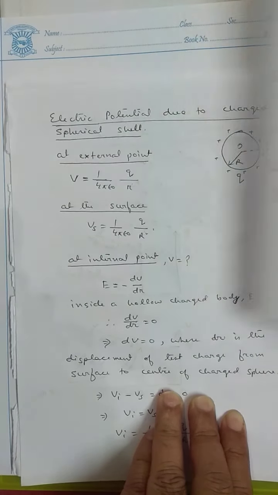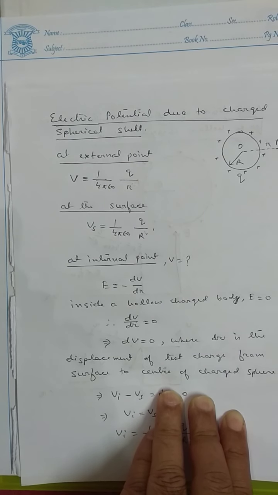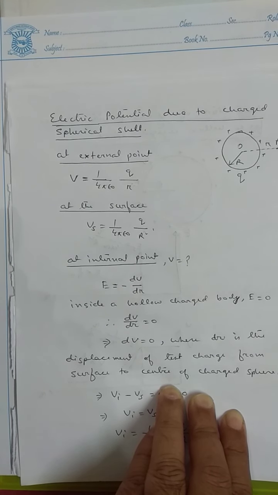On that day, we discussed that at an internal point of a hollow charged body, from Gauss's law, the electric field intensity is 0. So this is also the mathematical proof of that experimental observation that inside the charged body there is no electric field.